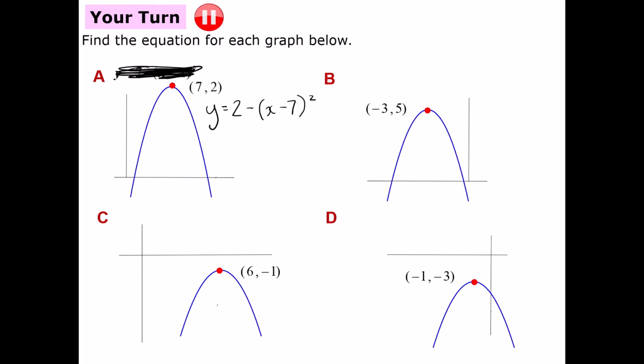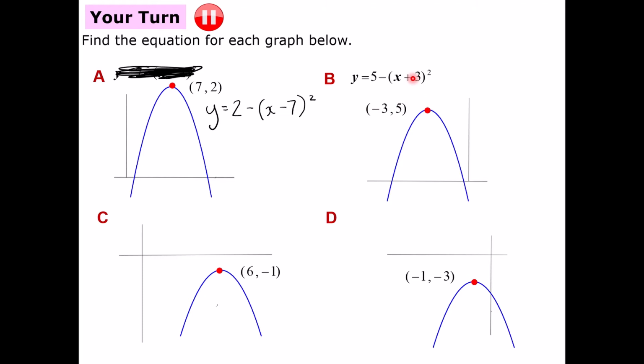Okay, next one, we have A is -3, so we're going to change that sign to give it a +3, and our B is going to stay the same. So you should have y equals 5 subtract, because it's a maximum turning point, we need a negative in front of our bracket, subtract x plus 3, because we've changed the sign of that -3.